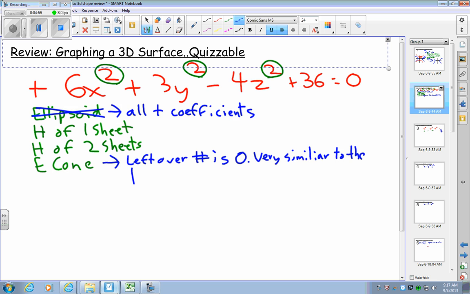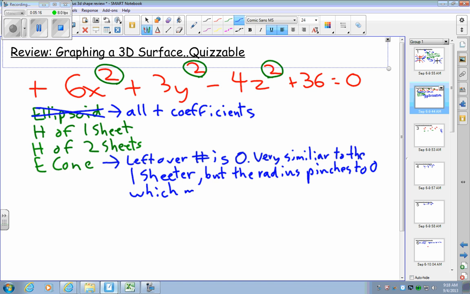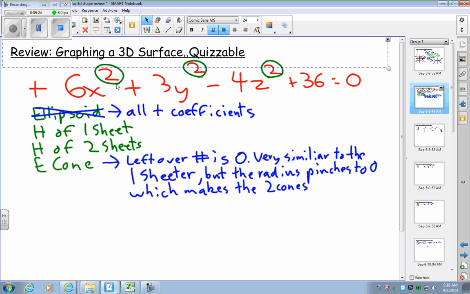It's very similar to the one-sheeter, but the radius pinches to 0, which makes the two cones. We talked about this yesterday, about how you compare the elliptical cone and the hyperbola of one sheet.